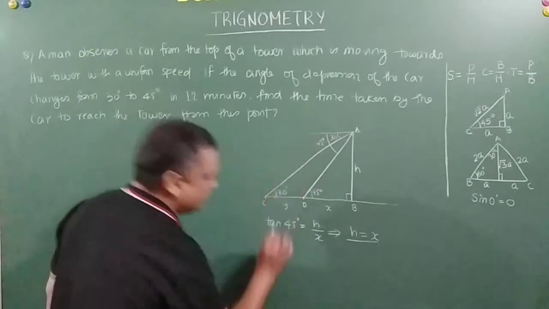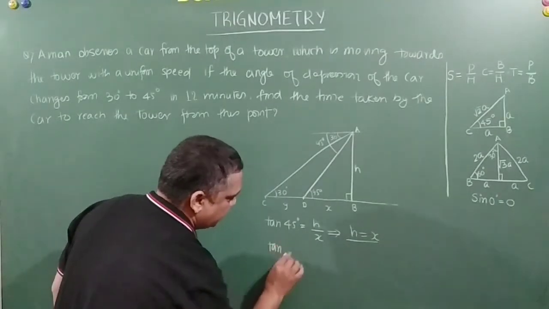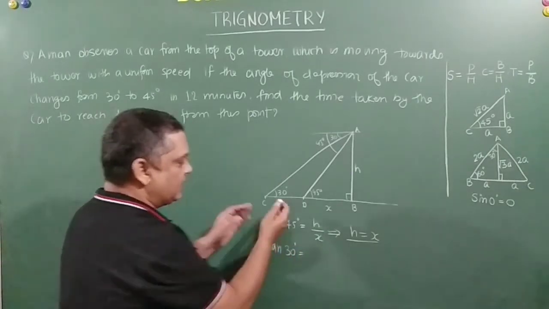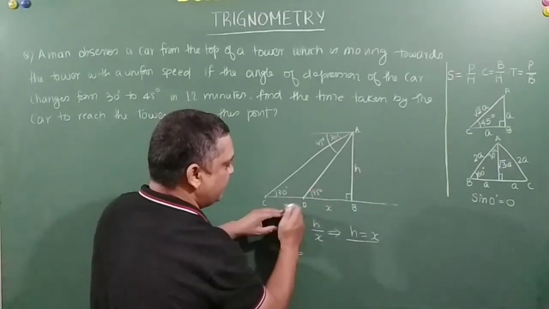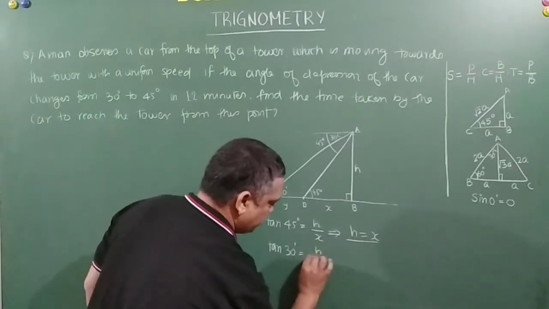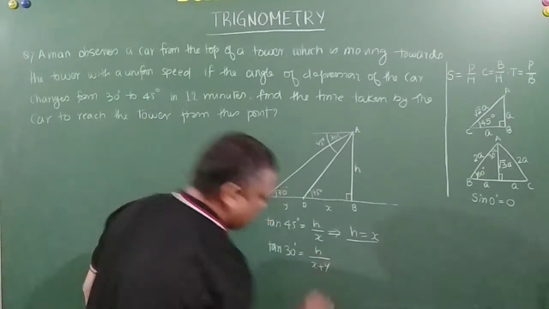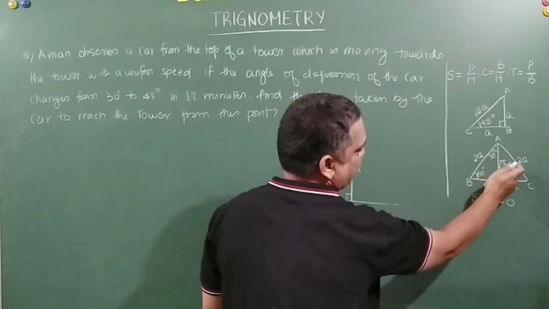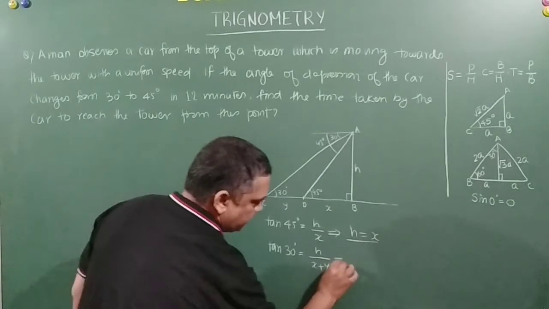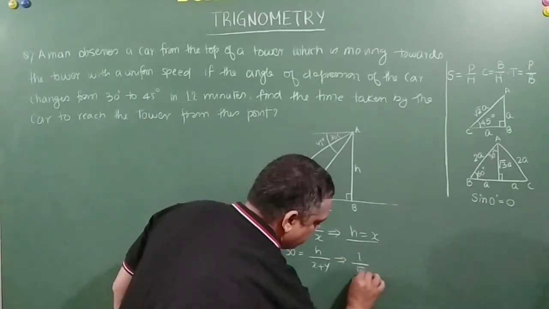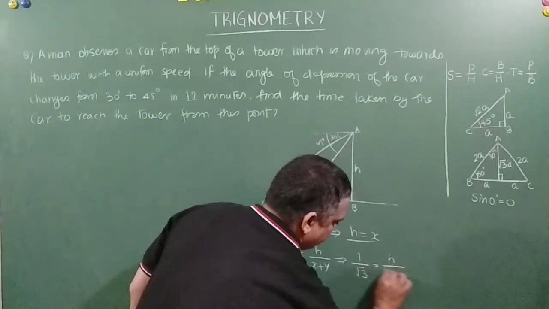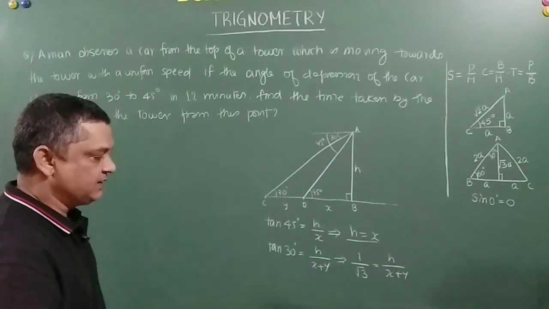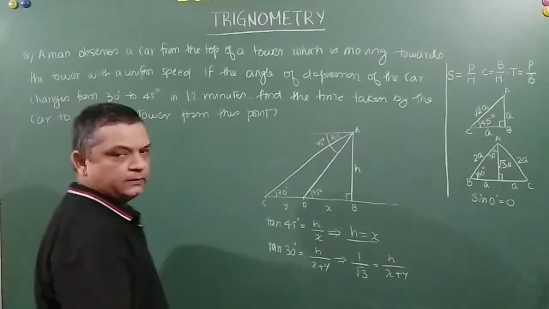Now taking tan 30 degrees. What happens friends? Tan 30 will be nothing but H divided by X plus Y. You are all there with me? But tan 30 is perpendicular by base, that is 1 by root 3, is equal to H divided by X plus Y. So can we say X plus Y is equal to H root 3?